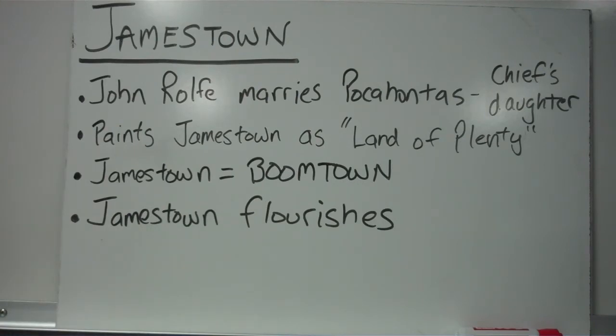You know, a boom town being a town where after it's initially set up and the economy there gets going, the boom is the sudden explosion of the economic activity in that place. Tobacco being one, and other crops. And because of this, Jamestown flourishes.